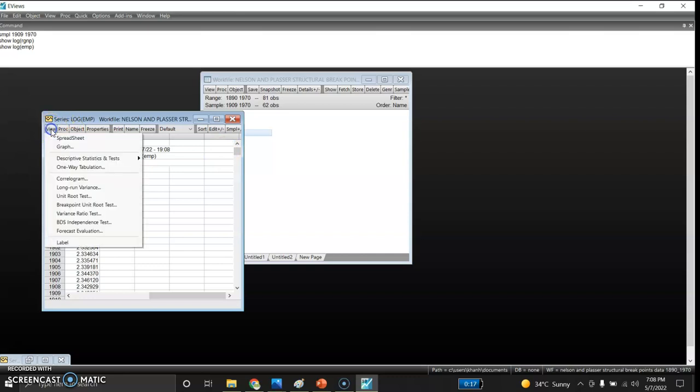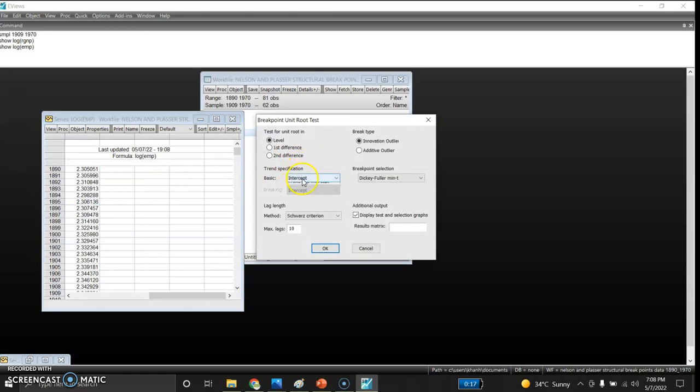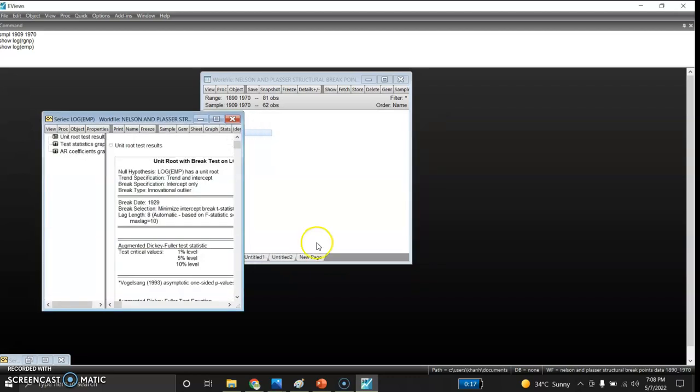Now I will check breakpoint unit root test, and again I will click on trend and intercept, and in the breaking there will be intercept, and in the breakpoint selection by default there is Dickey-Fuller minimum T, and here this is intercept break minimum T. So I will also change this from Schwarz criterion to F statistics, and I will click this.